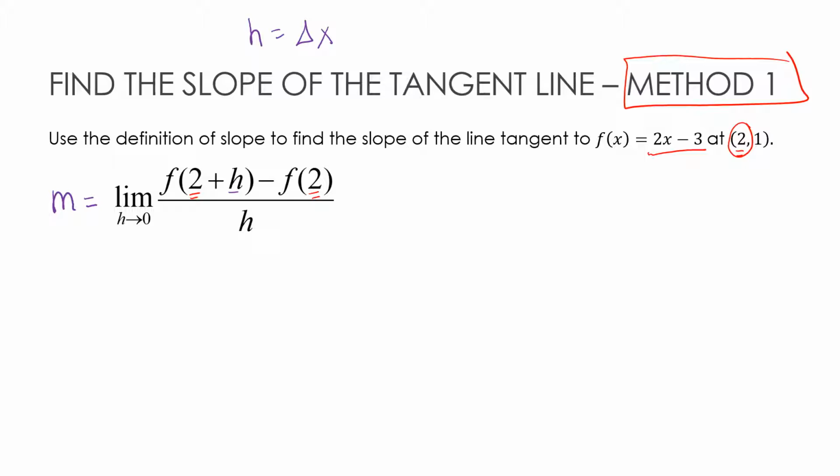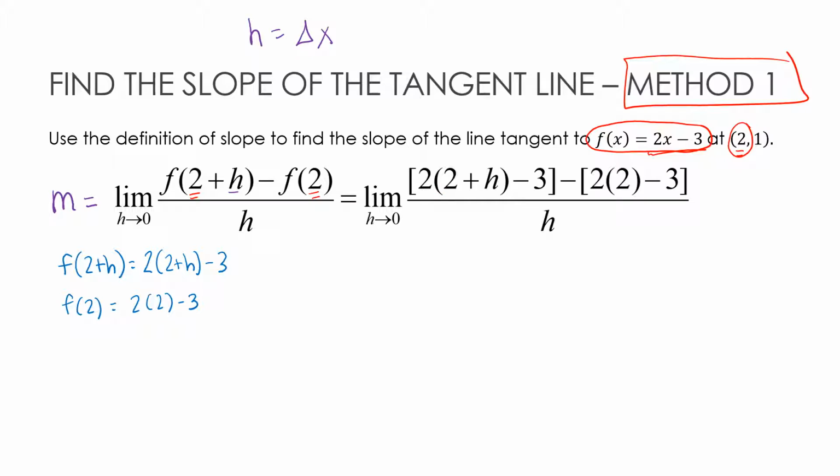So essentially what this is telling me to do is to find this function, and I'm going to find f of 2 plus h. So remember, that would just be 2 times (2 plus h) minus 3. And then I'm going to subtract f of 2, and f of 2 would just be 2 times 2 minus 3. And so that's where my first step comes from, and you don't have to write this out, but that's where my first step came from.